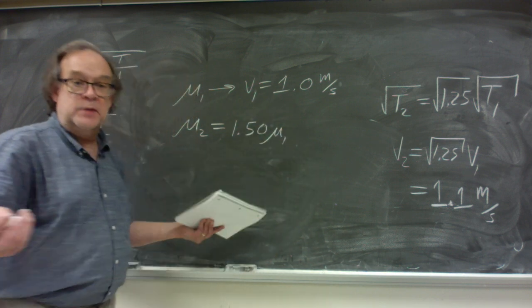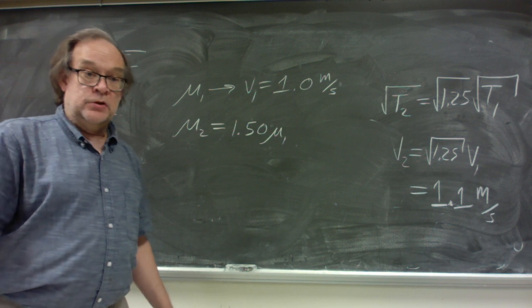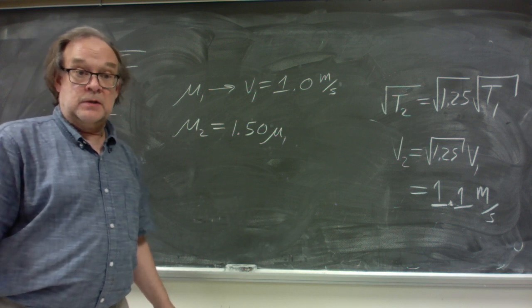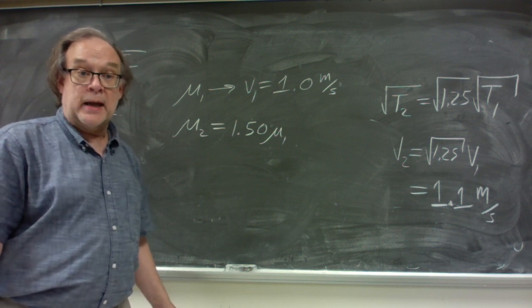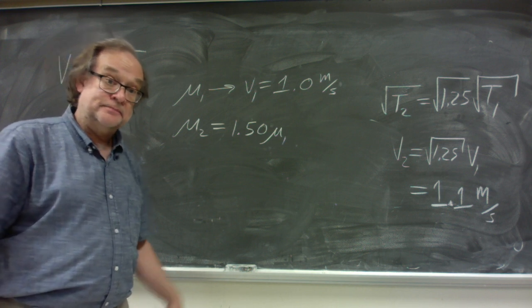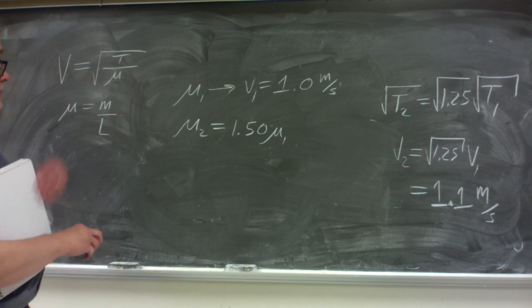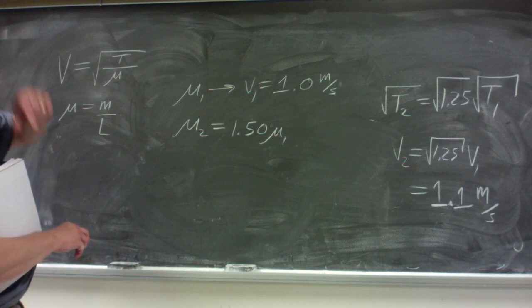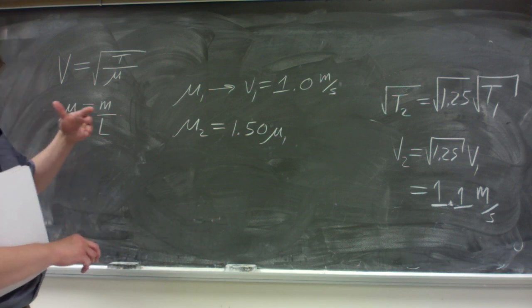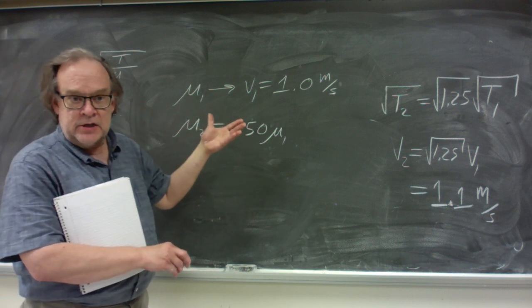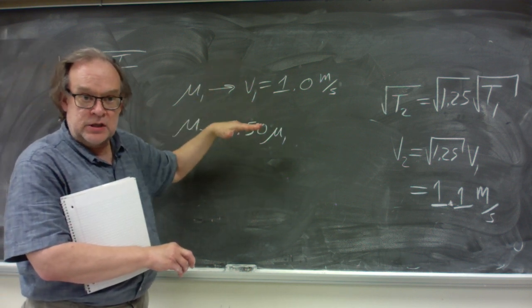In other words, 50% greater. The new string has 50% more mass per unit length. Okay, so now in this case, like I said, we're keeping the tension the same in both strings.